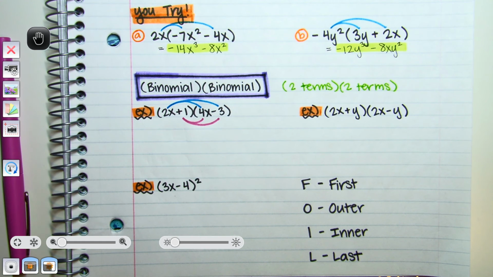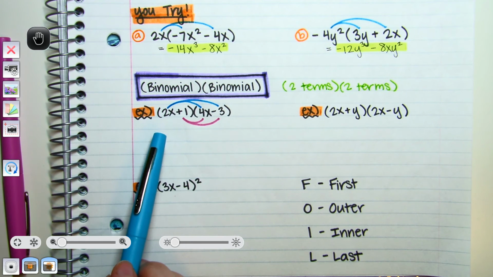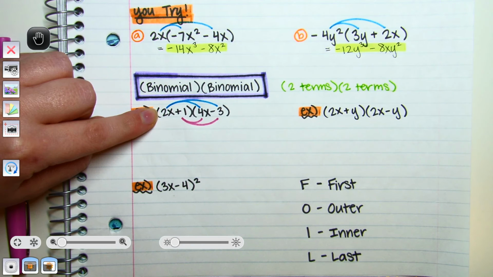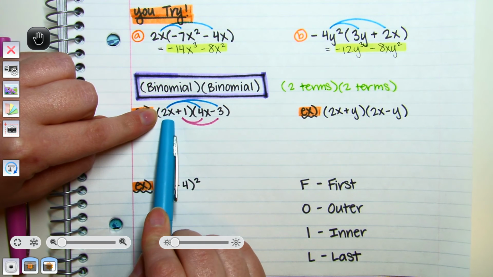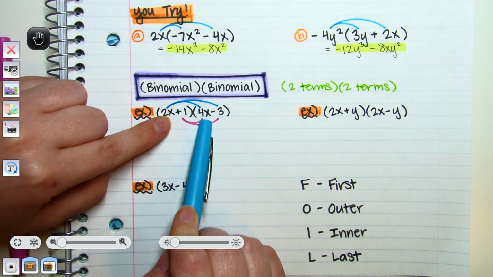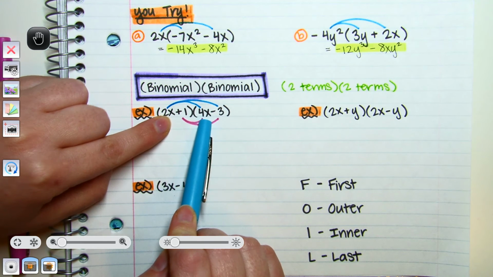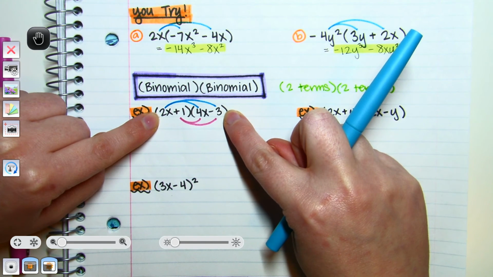So let's look at that here with these little arches or rainbows that I drew. So first is the first terms multiplied by each other. So 2x times 4x. It's the first term in both parentheses. Then outer is the outermost terms multiplied, the 2x times the negative 3.